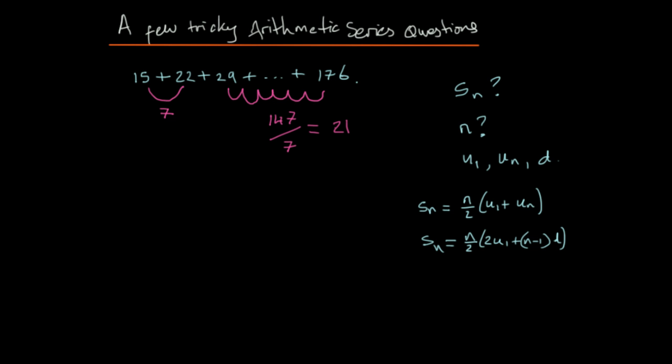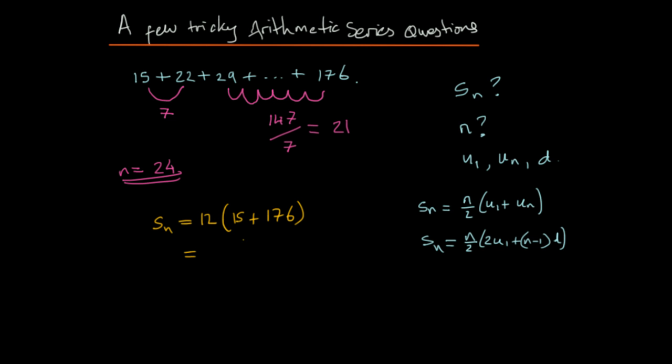So 21 plus 1, 2, 3, 24 is your number of terms. Hopefully that argument makes sense. And so now you can say, if that's true, then my sum of terms is going to be 24 over 2, which is 12, times first term added to 176.